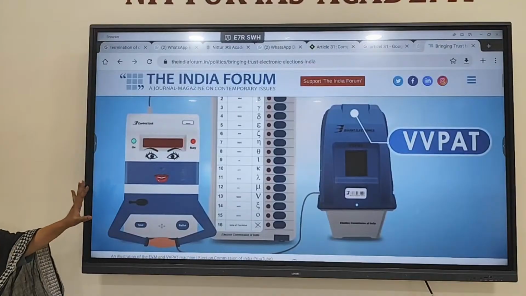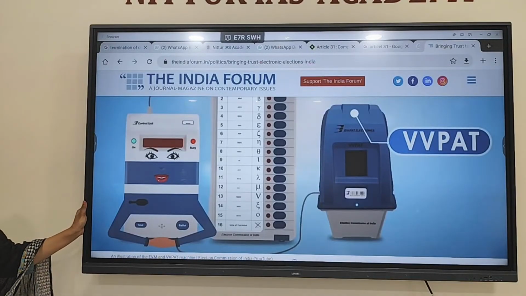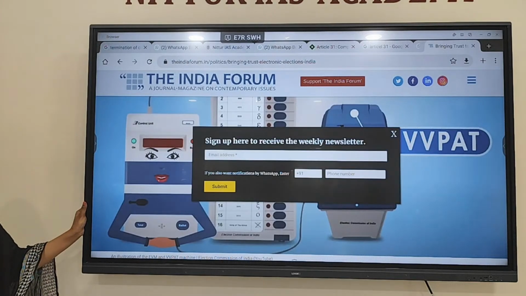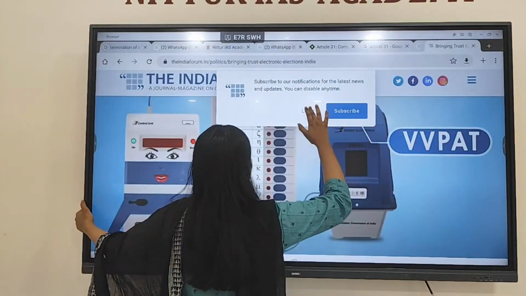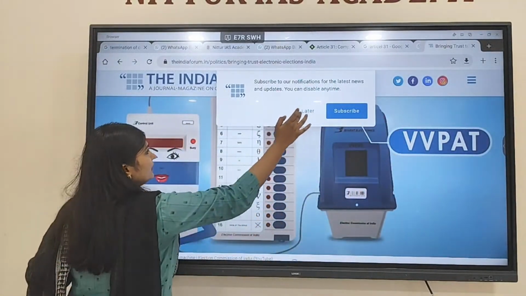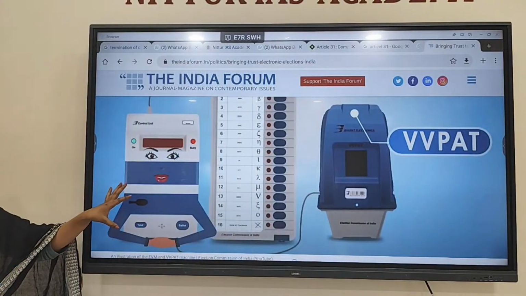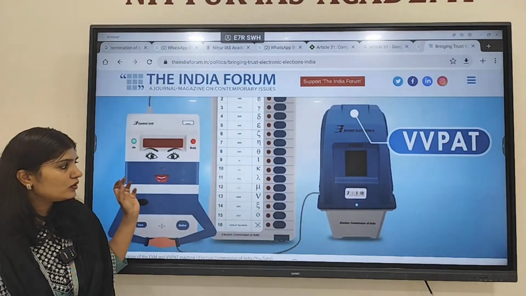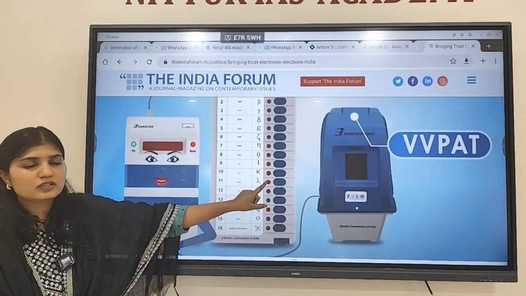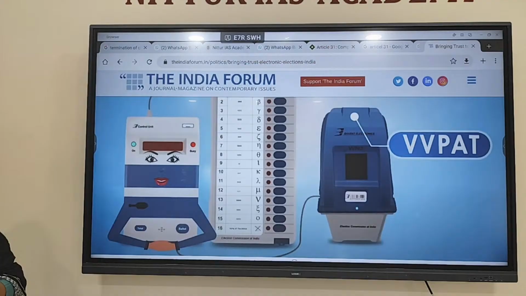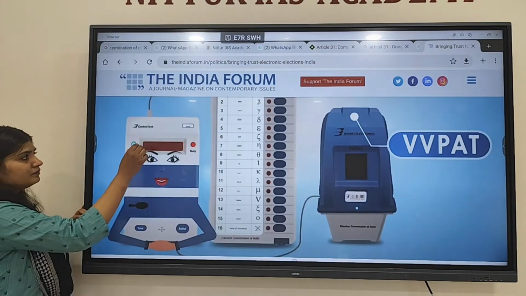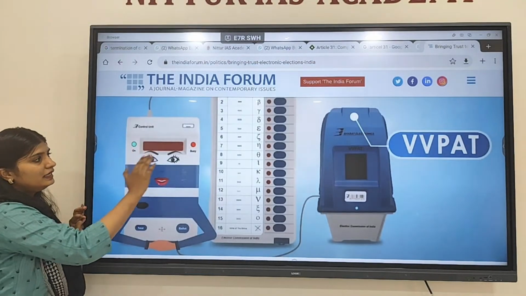See, this is the control unit. When the voter enters the room for voting, firstly they have to show their proof. Then there is an officer to control this. Once the voter enters and chooses a person, it should be only one time of voting. You cannot click 2-3 times. When you click once, it will get on, and it will get off.